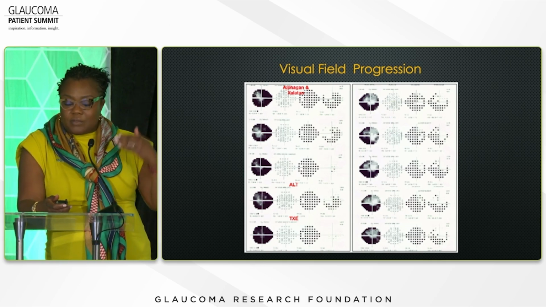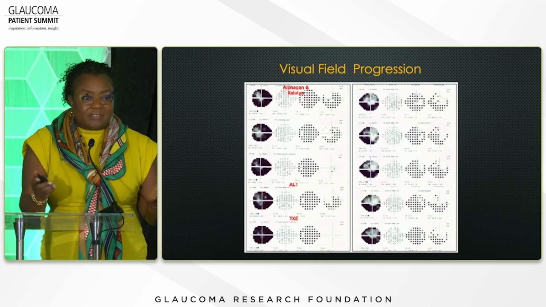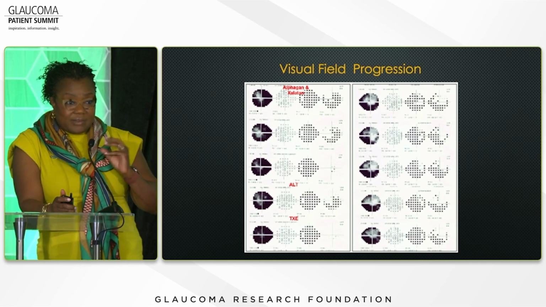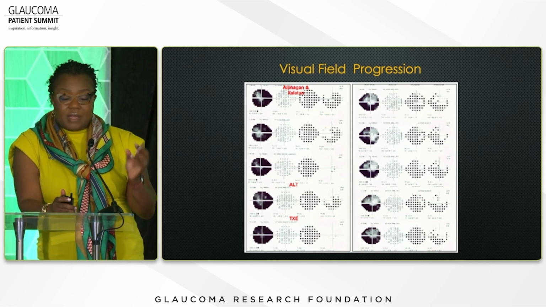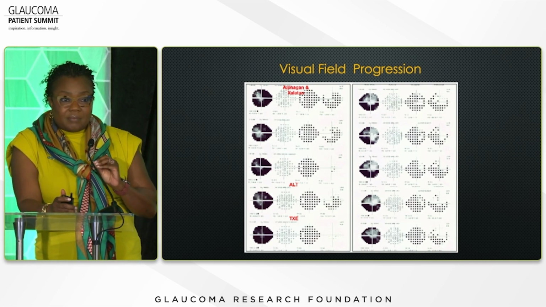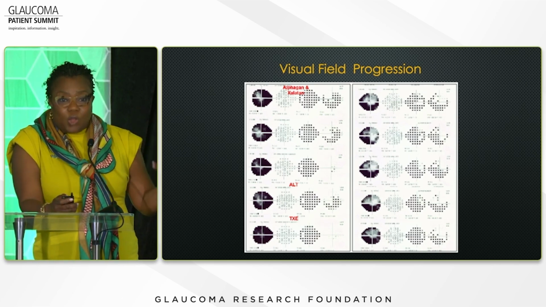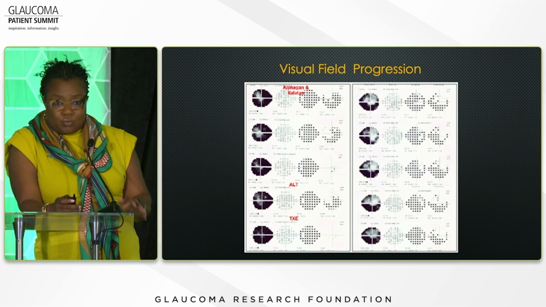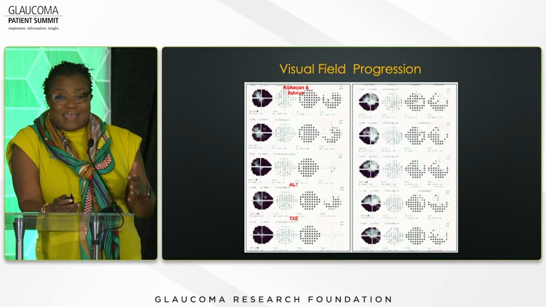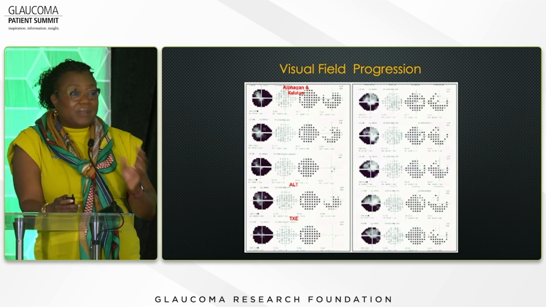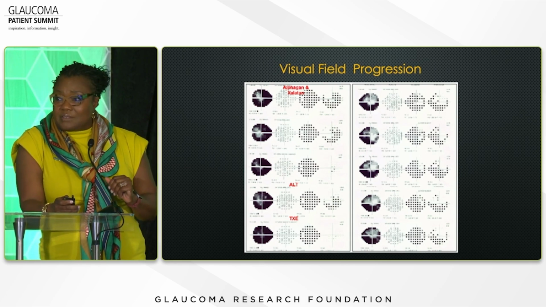As you go further down, even if you just look at the grayscale, which is the black and white picture, you would see that the areas that appear whitish, which is the area you see out of, tend to shrink over time, while the darker area tends to expand if glaucoma is not stable or controlled. The visual field test is really important to telling us exactly how things are doing so we can reset and do something different about your treatment.